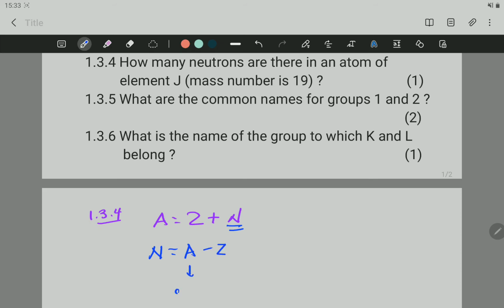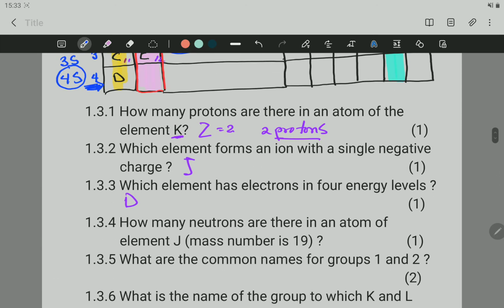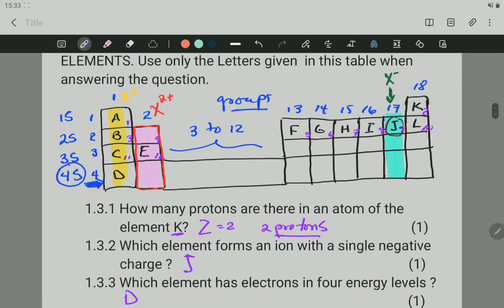Remember, A is the mass number, and Z is the atomic number. So what is the atomic number for J? Remember, we follow here: 1, 2, 3, 4, 5, 6, 7, 8, and 9.